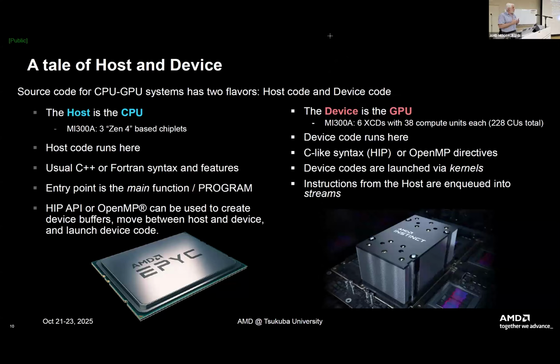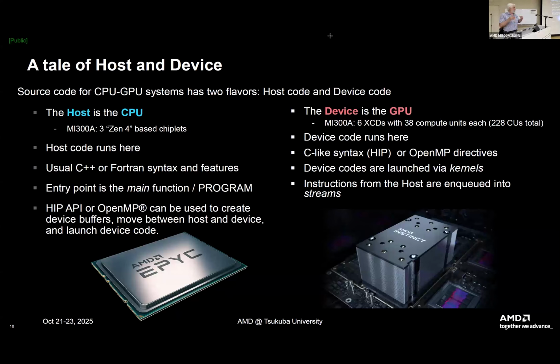So for a long time, we've had this separation of a host and a device. And the host is our CPU chip and our device is the GPU chip. We offload our heavy workloads to the GPU.